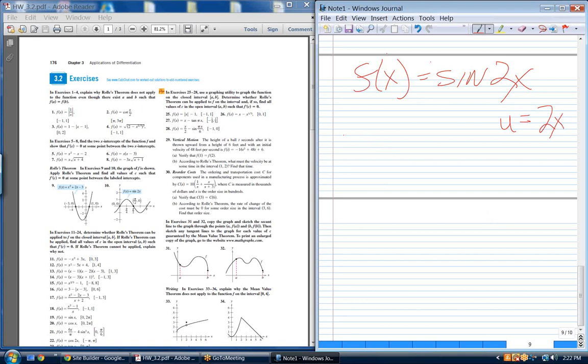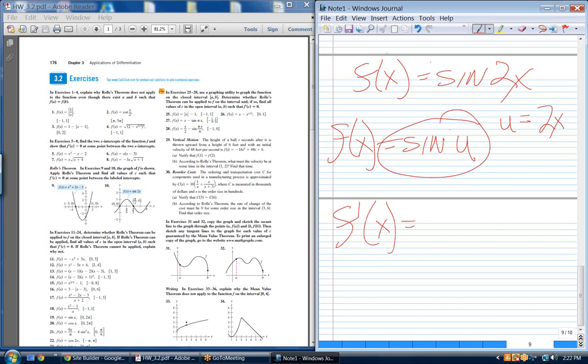So f of x is equal to the sine of u, so f prime of x must be the derivative of the sine of u times du dx.